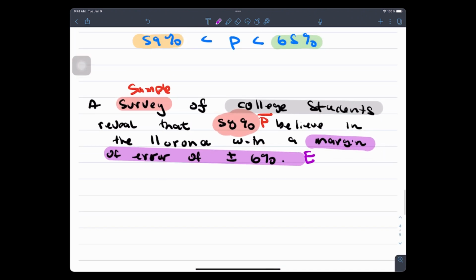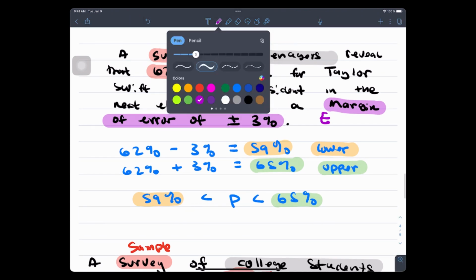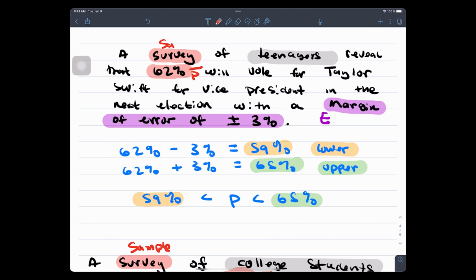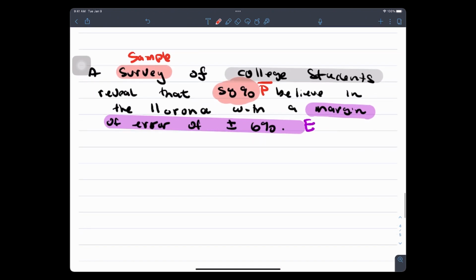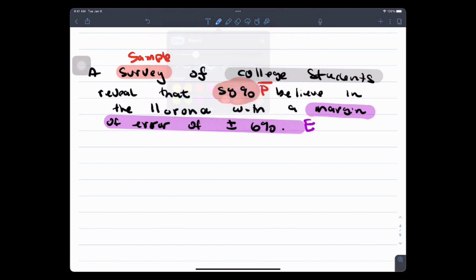So if you remember what I've been trying to train you to do, a survey is a sample. Let me give you the format we've been doing. Here's the format. The sample proportion minus the error, the sample proportion plus the error.